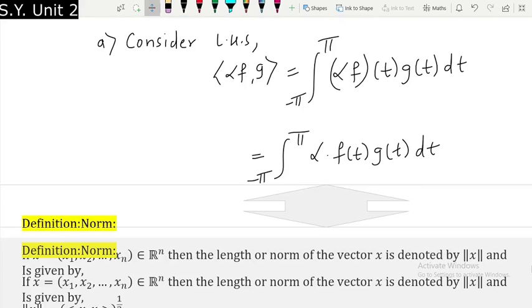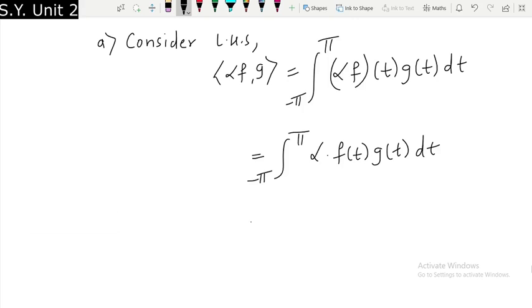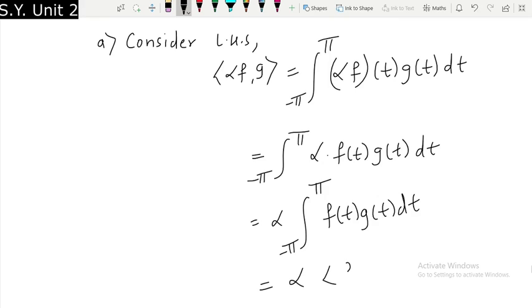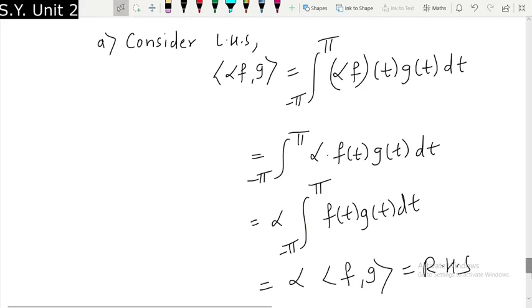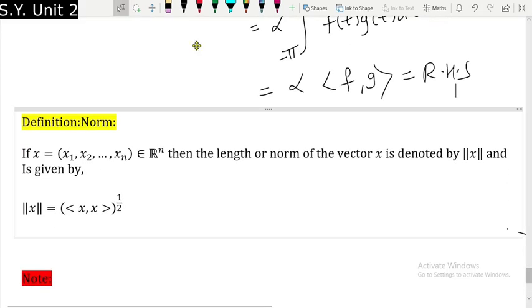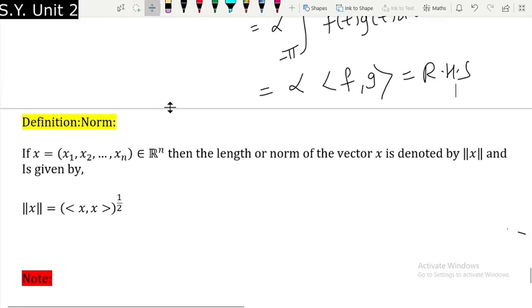By using simple properties from analysis, alpha is a constant that can be taken out, and this is exactly equal to alpha times the inner product of f with g, and that is our right hand side. Similarly, part b I leave to you, that is homework.